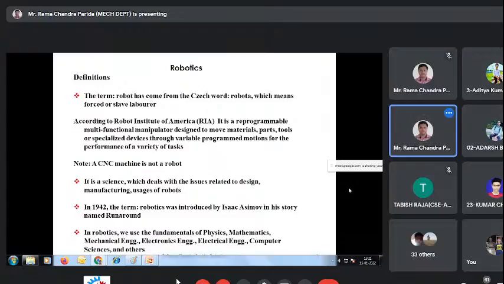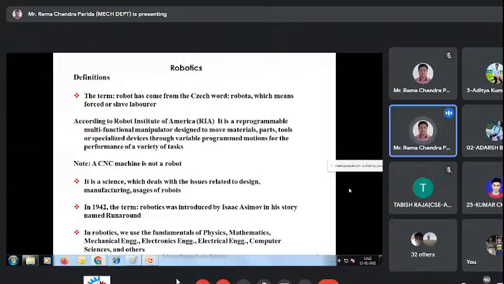So we'll discuss what is robotics, what are its main parts, basically in your syllabus. In this robotics, robot anatomy is there, joints and links, and common robot configurations. These things we have to discuss, and it will take 2 to 3 classes.